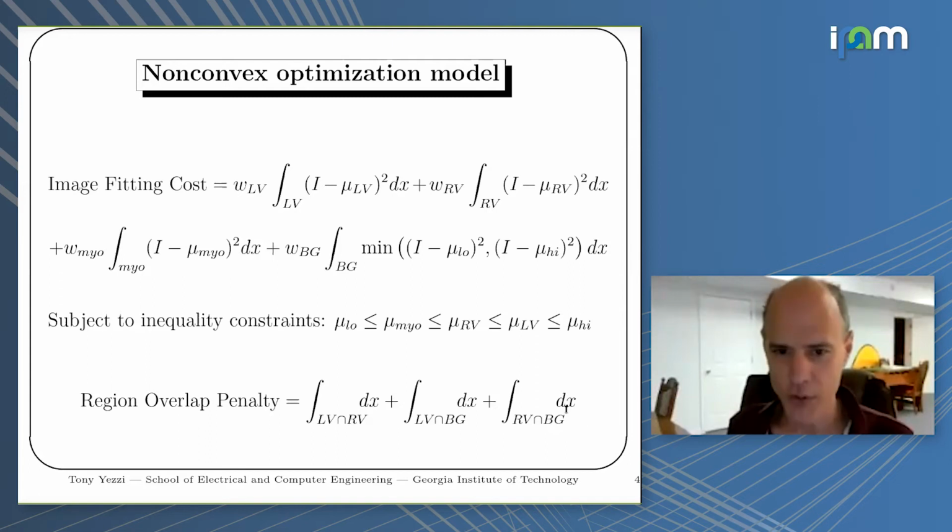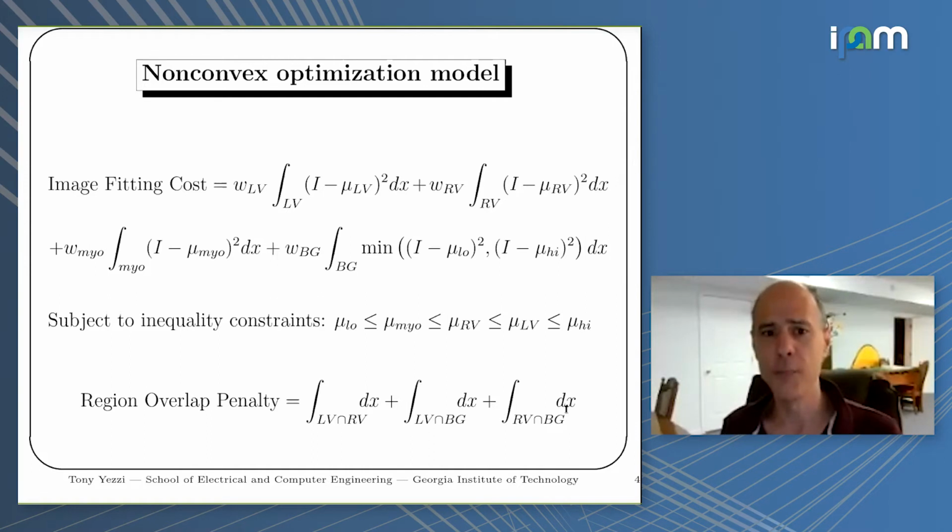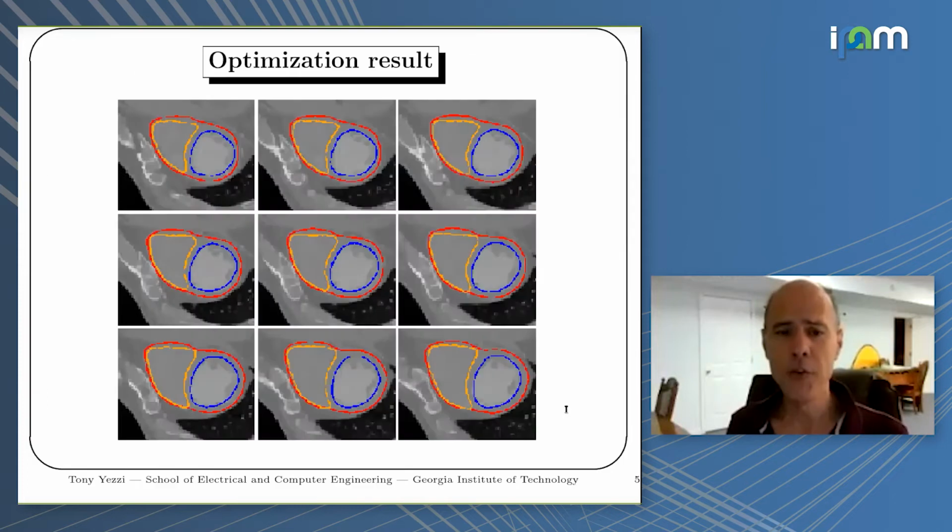Ideally they should be separated, but at the very worst, they shouldn't overlap each other. So this is the optimization. It's a finite dimensional optimization problem because there's a finite set of parameters for the pose of each of the three surfaces, plus a finite set of parameters for the shapes since we trained on them. And this is the optimization result that we get.